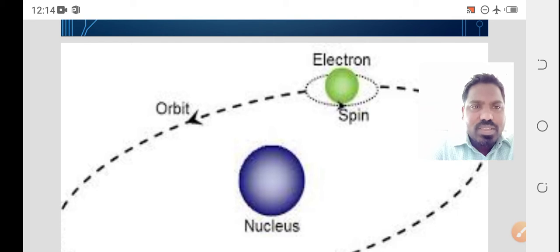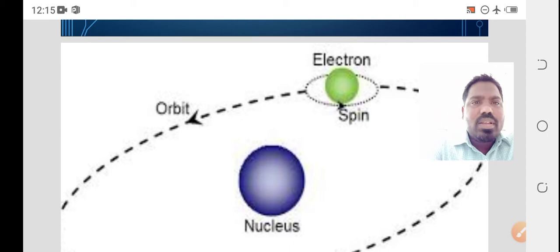That means the nucleus consists of proton and neutron. Around this nucleus, which has positive charge, the negatively charged particle, that means the electron, is revolving. How is it revolving?